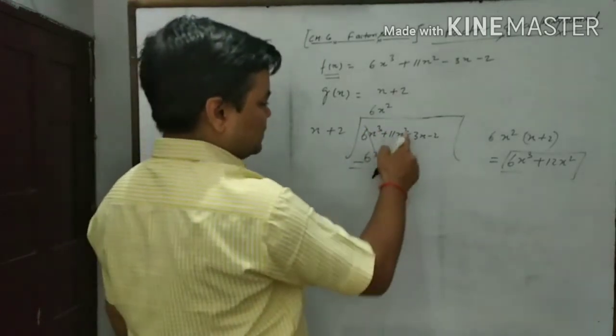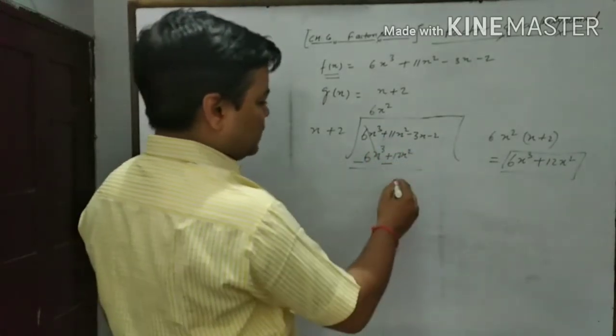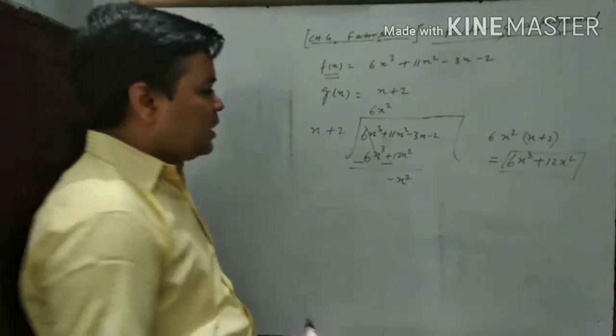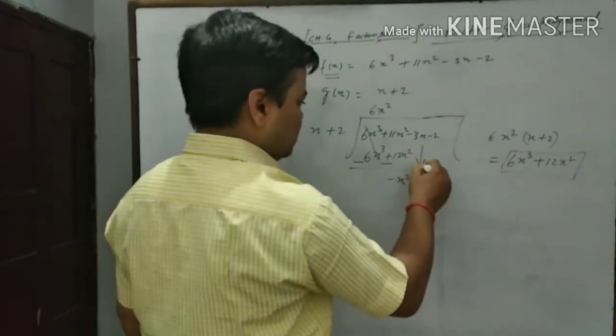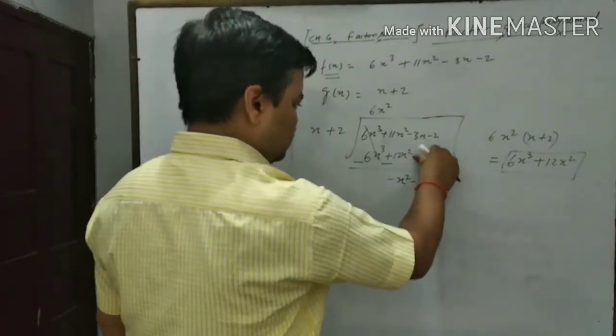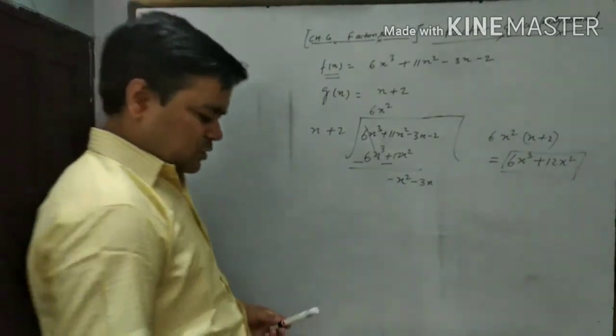Now 11x square minus 12x square will be minus x square, and then we take down the next term, that is minus 3x. Now we repeat the same process.